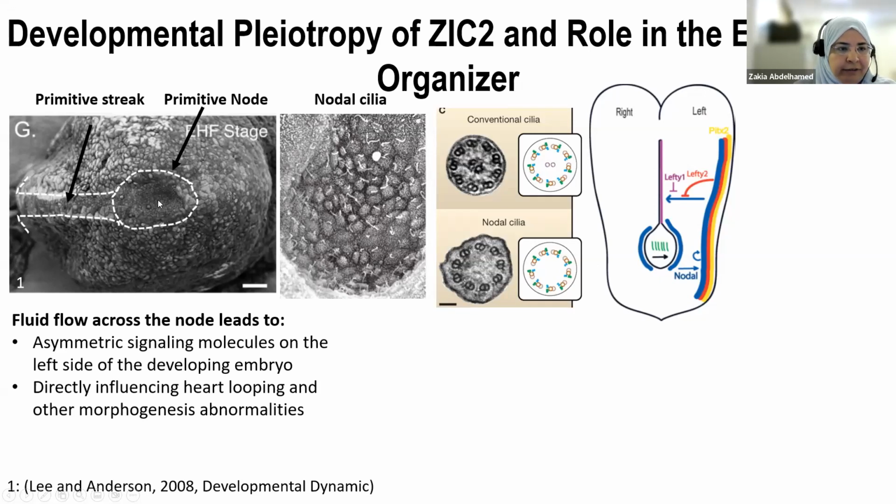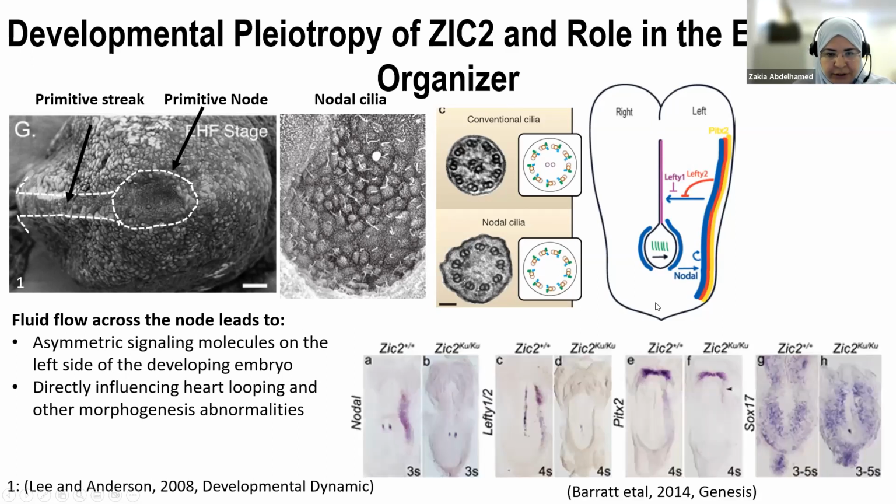The function of ZIC2 in the nodal cilia has also been described in mice: it is important for the nodal cilia to beat and distribute all of these left-side markers to the left side of the developing embryo, and that's why the mouse also develops congenital heart disease. So it has been reported that it could be downstream of the cilia, but again, this is still under investigation and controversy.